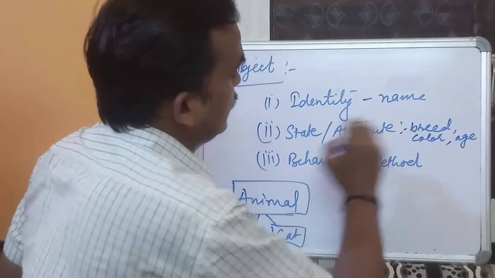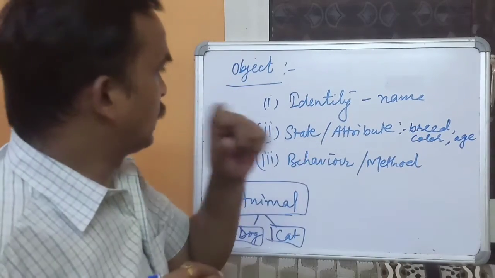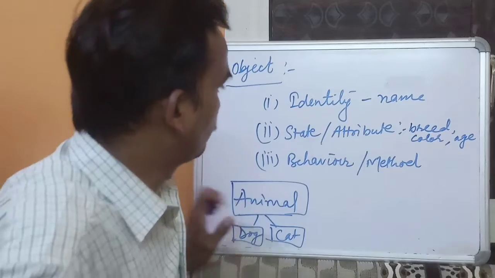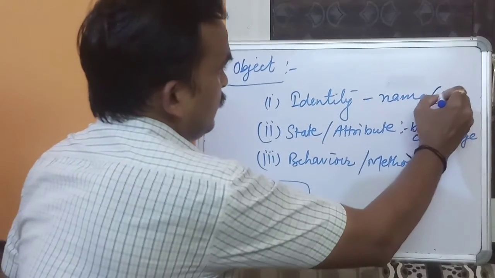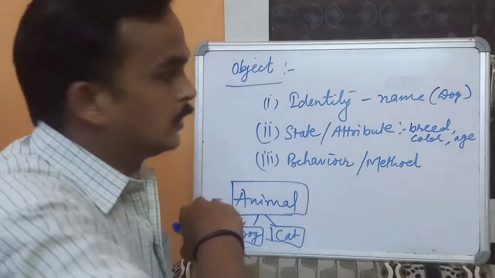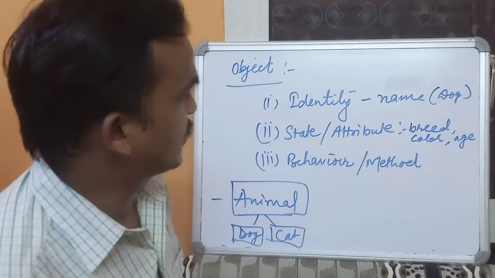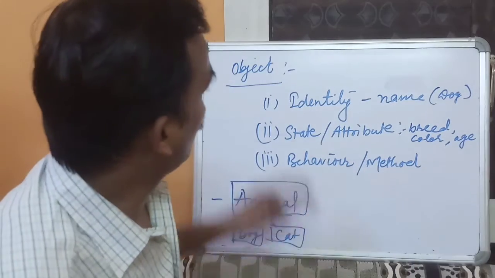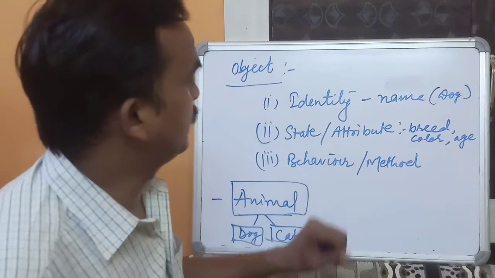All these are the states of an animal or any dog. Now the behavior: what kind of action an object performs depends on its behavior.